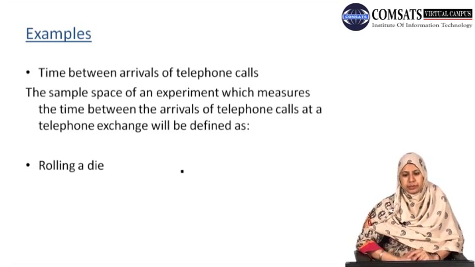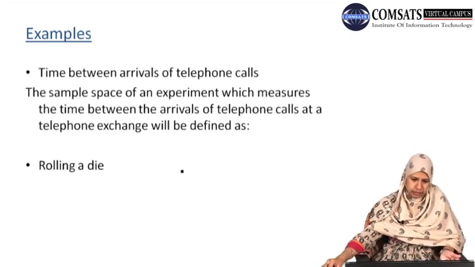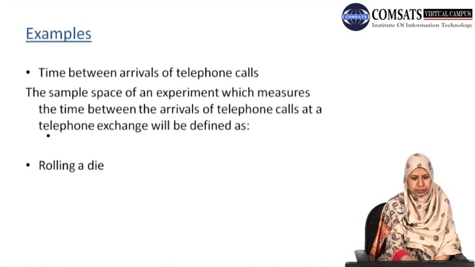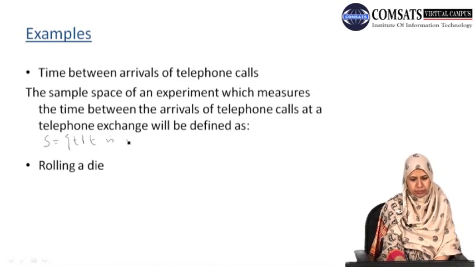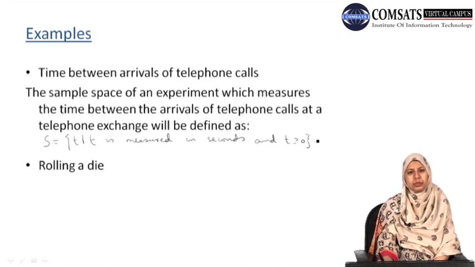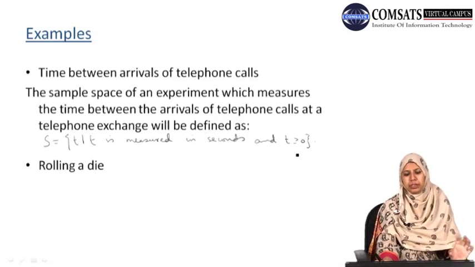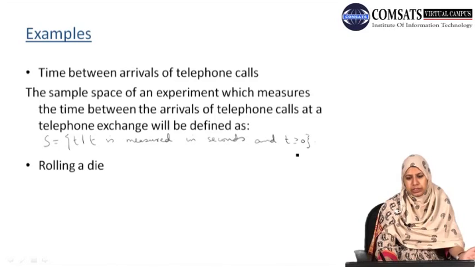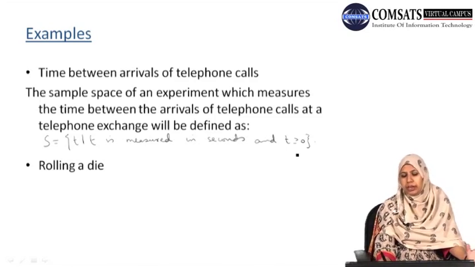The sample space of this experiment, which measures the time between the arrivals of telephone calls, will be defined as the sample space S of time, such that time is measured in seconds and the time is greater than or equal to 0, which means that the difference between two telephone calls at a telephone exchange can be 0 seconds, 1 second, 2 seconds, 1 hour, and so on.